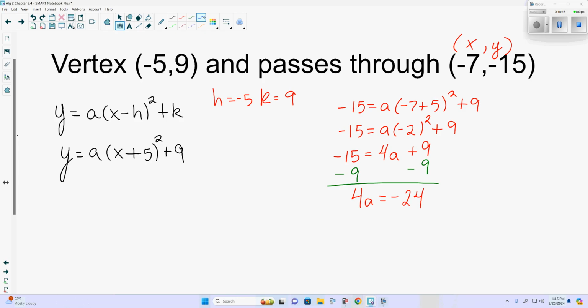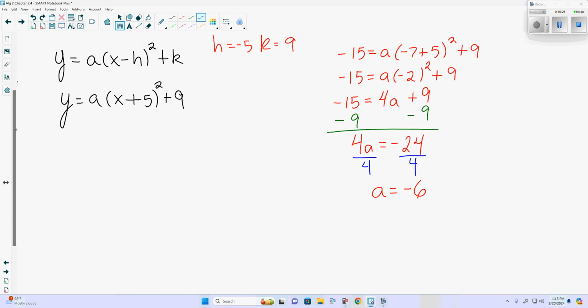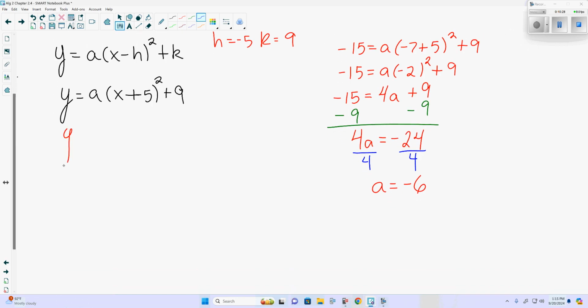Last step is to divide by 4, so a is negative 6. So y is equal to negative 6 times x plus 5 squared plus 9. Questions on this here?